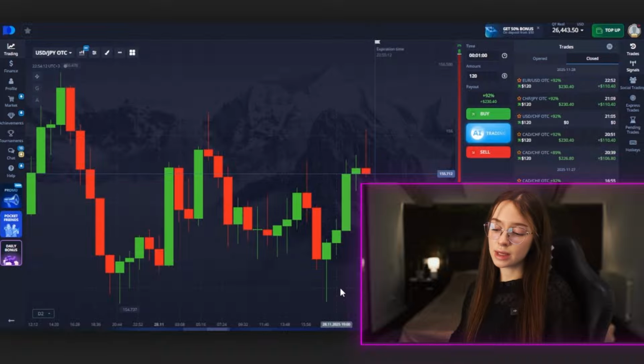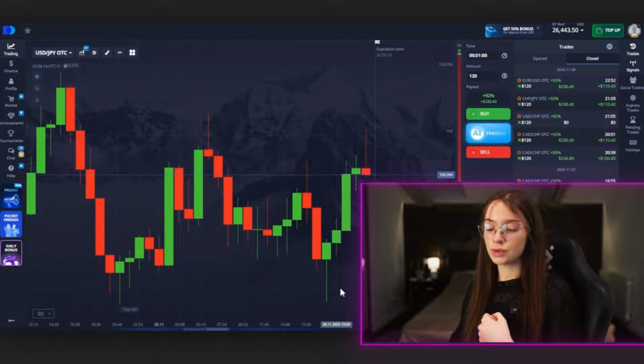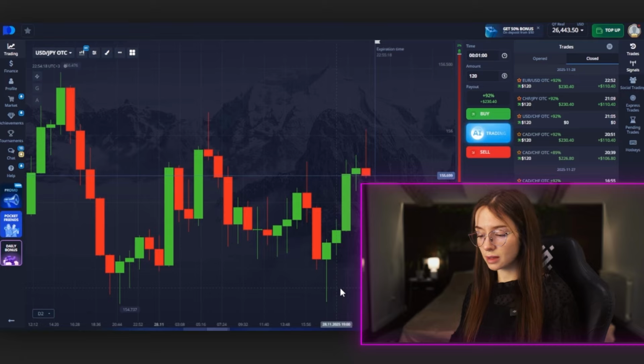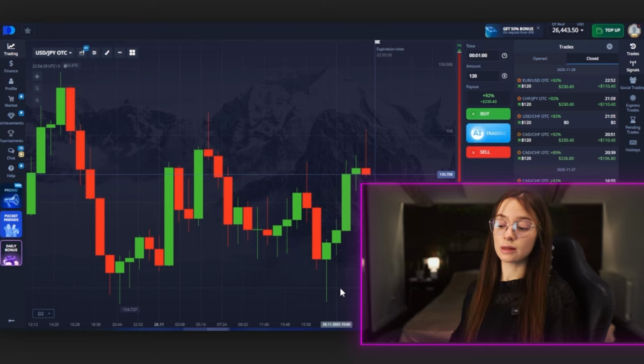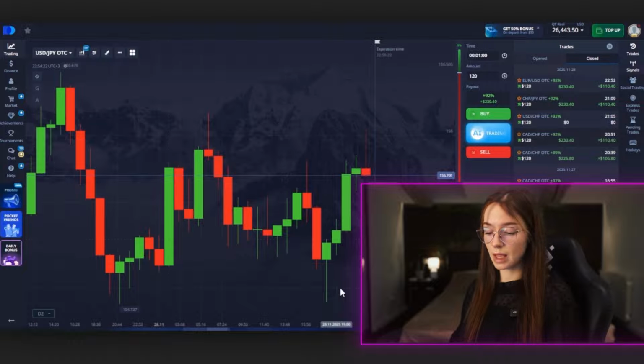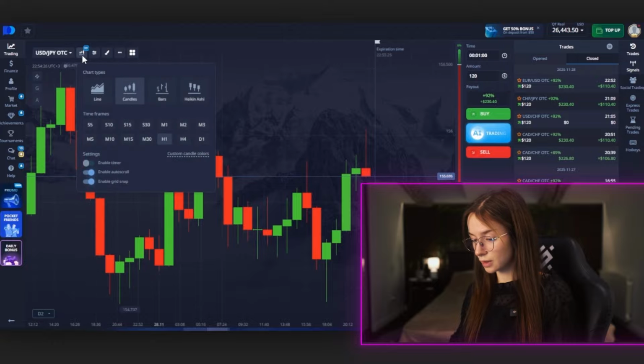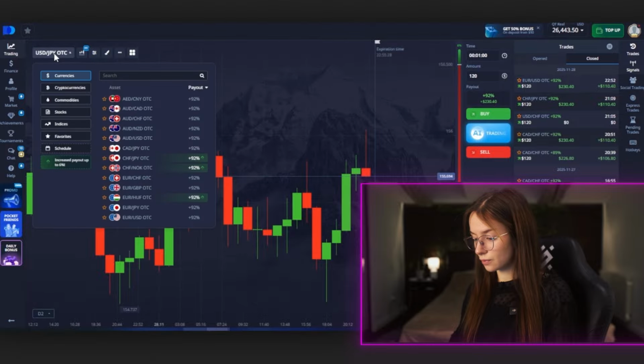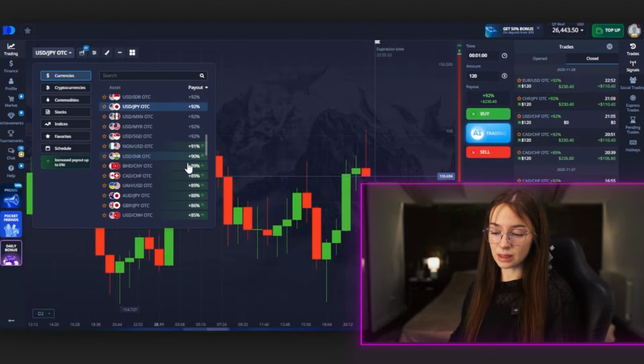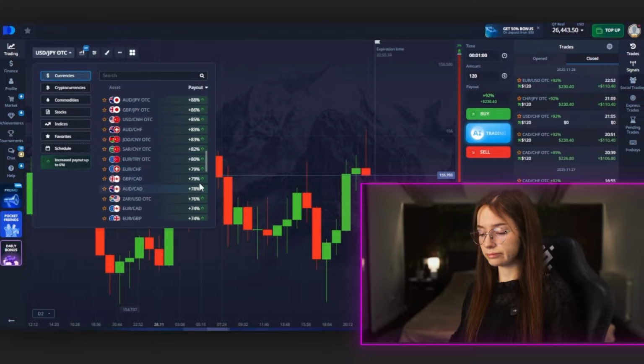To summarize, we choose pairs consciously. If the chart is clear, then we trade. Next, we check the payout. Anything above 80 is acceptable.